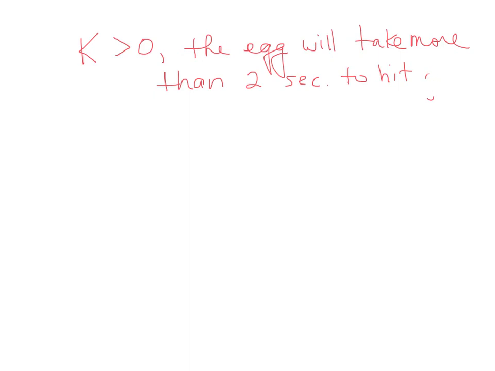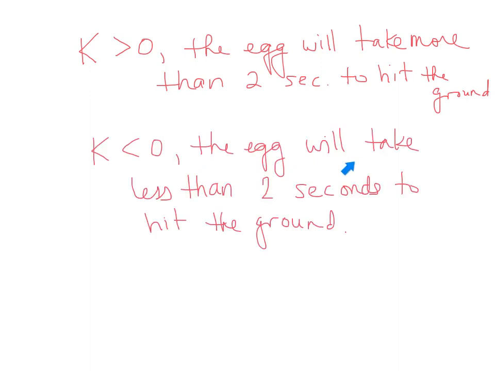What does that mean? Well, if we change the value of k, we're actually adding on more feet, so it's going to take longer to hit the ground. However, if we shorten the distance, then the egg will take less than 2 seconds to hit the ground.